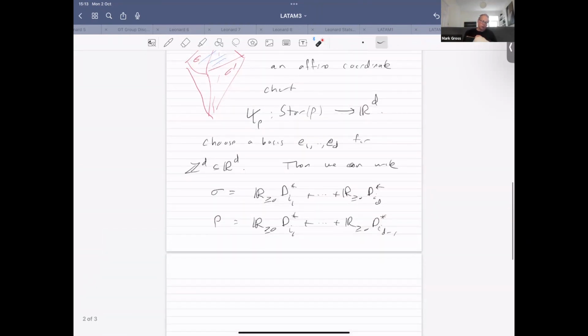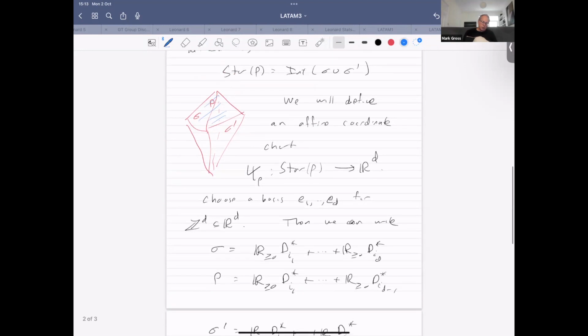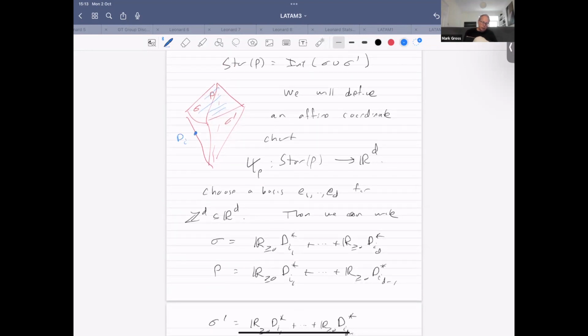And similarly, I can also generate sigma prime using the generators for rho and then adding one more generator, which I'll write as d_i_d prime. Okay, so here, I just tried to write this in this picture. This d_i_d star will be a generator here, and d_i_d prime star will be a generator here.